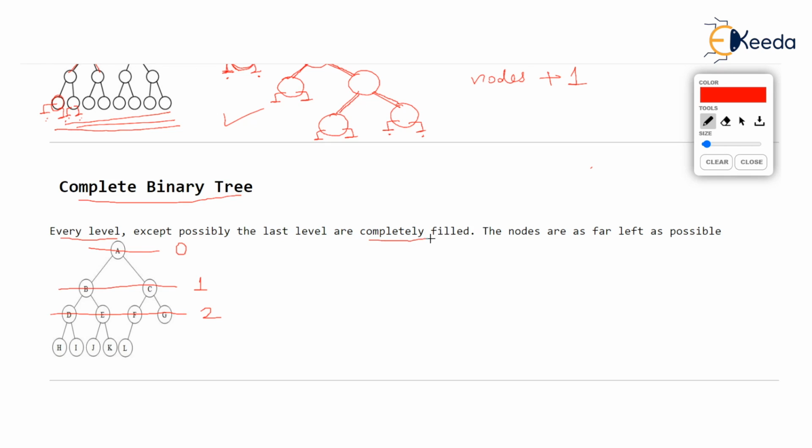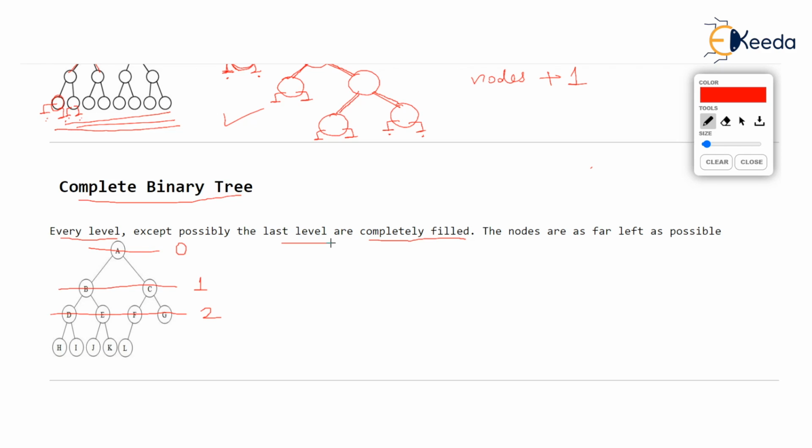What that means is you watch this level 0, isn't it having both the children? It is completely filled, isn't it? Now you watch level 1. Level 1 has two nodes B and C and both are having two children. So if you see, this level 1 is completely filled, but except possibly the last level, they are saying.